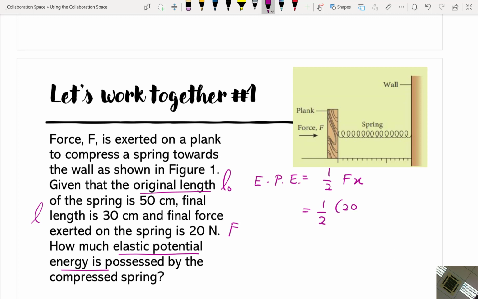So what's the F? Given 20 Newton, and x is exactly L naught minus L, and that is 50 cm minus 30 cm.